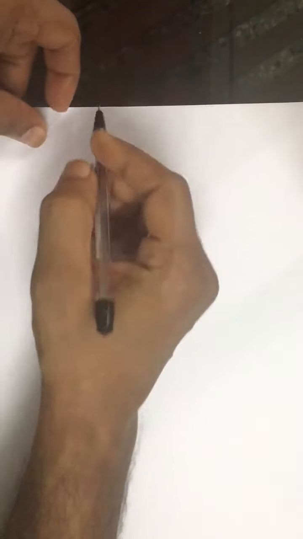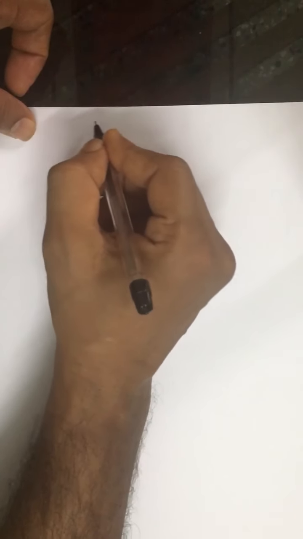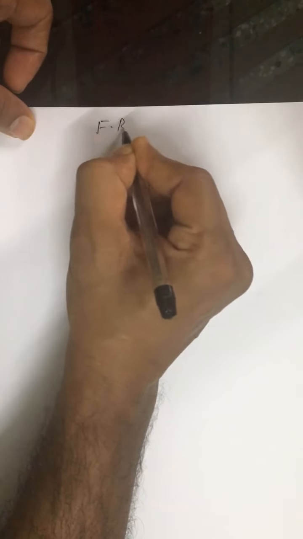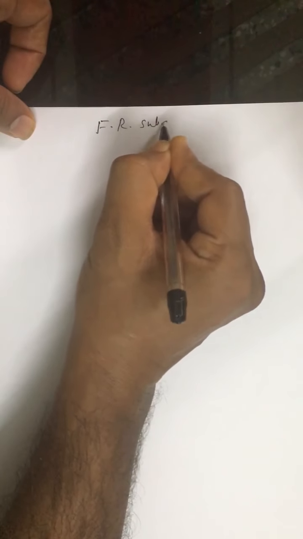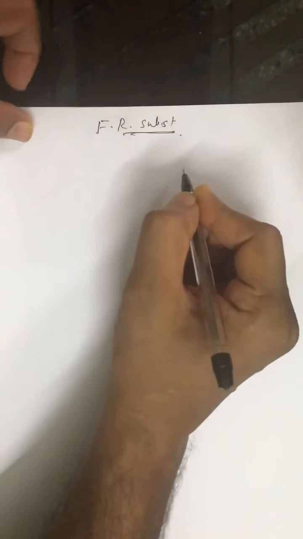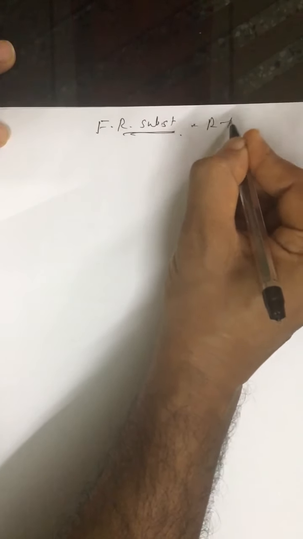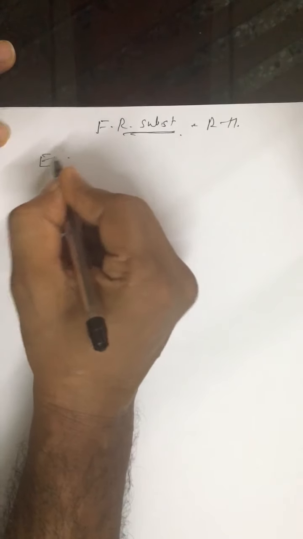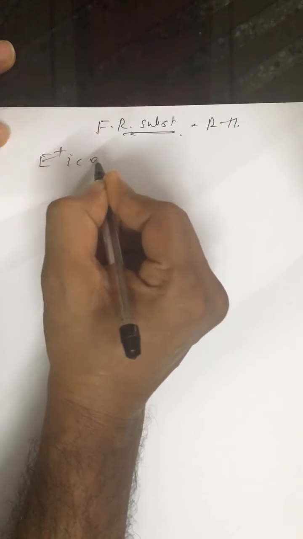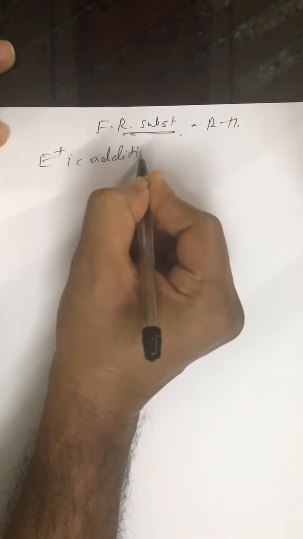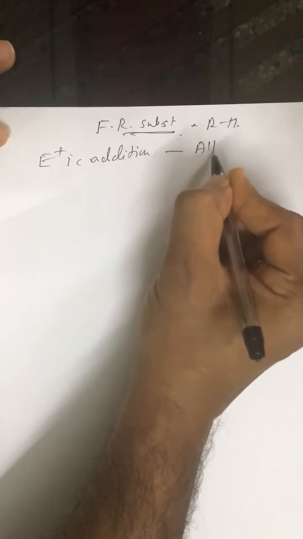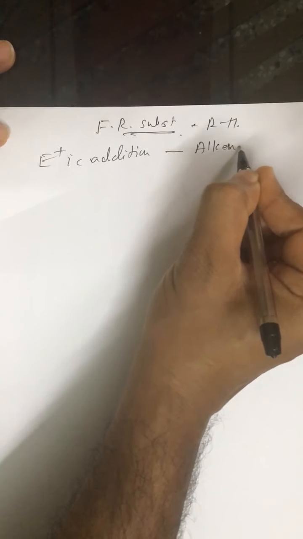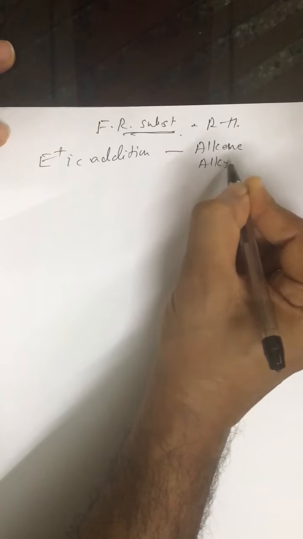And now in alkanes the type of reaction exhibited is free radical substitution reaction. Means alkanes show free radical substitution. Alright. And alkenes show electrophilic addition. Electrophilic addition is exhibited by alkenes as well as alkynes.